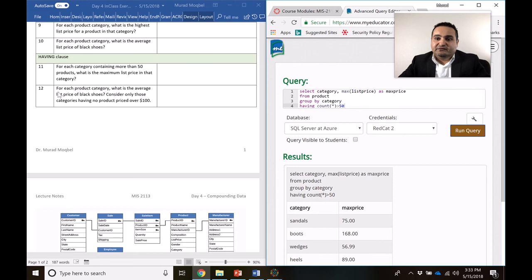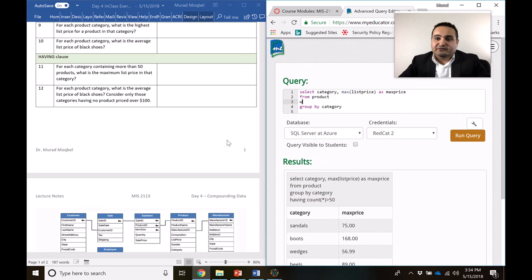Alright, so now the last one, for each product category, what is the average list price of black shoes? Alright, so I'll close this one. Now black shoes, so I'll say where color equals black. Alright, for black shoes, consider only those categories that have no product priced over 100.